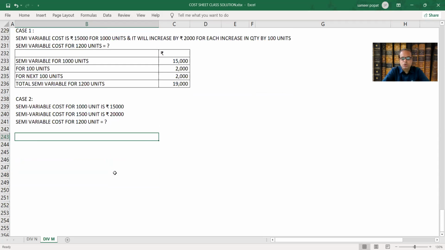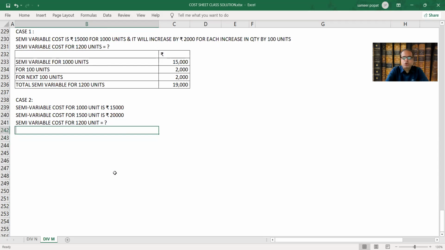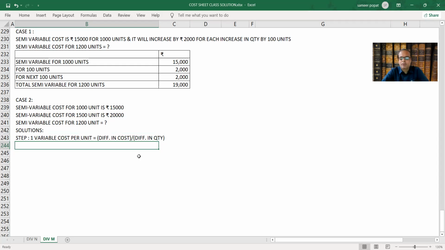Okay, so how to do that? For that, we'll apply two different steps. Step number 1 is to find variable cost per unit. The formula is difference in cost divided by difference in quantity. That is the formula that will be useful to find variable cost per unit. So if I apply the formula, the difference in cost, 15,000 and 20,000 are the amounts of overhead given.